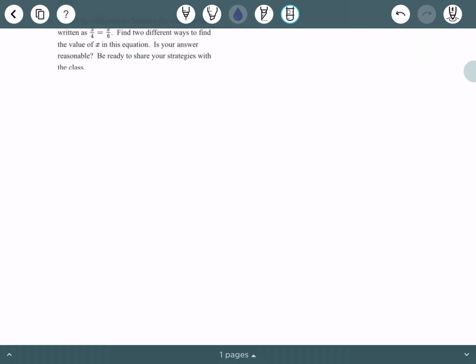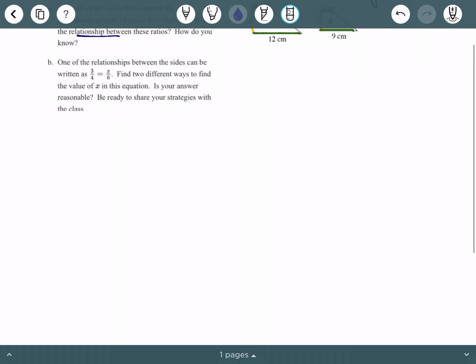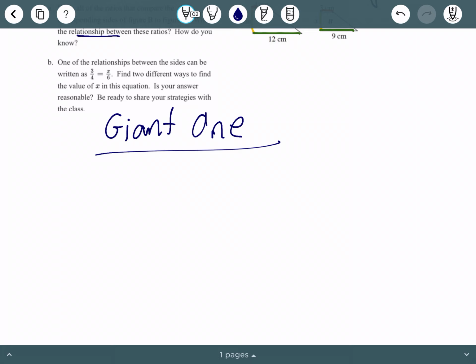All right, and I think for my second method I'm going to do the giant 1. So again I have 3/4. Now with the giant 1 I know I need to multiply this 3/4 by something in order to get my x over 6.